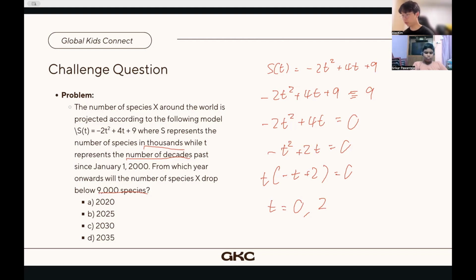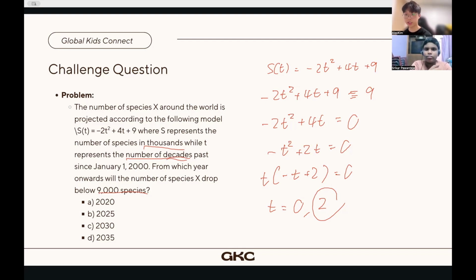You can think that, okay, 0 does not make any sense, and it's also not a value that is within our answer choices. So we take a look at the next value of t, which is 2. If you remember, the unit of measurement for t was number of decades, and decades meaning every 10 years.